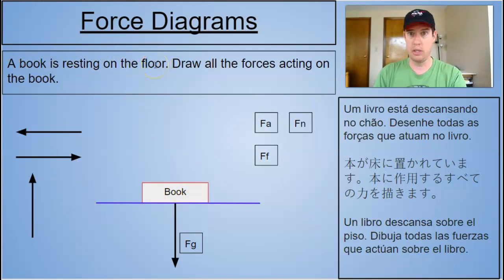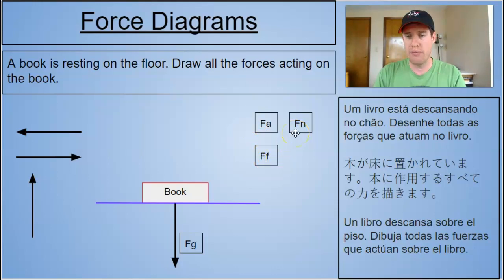You're not trying to push it or pull it, so there's no applied force. And the force of friction always opposes an applied force. So if there's no force being applied to the book by a person, then there's no friction acting against that applied force. So right now, we're not really worried about friction so much.